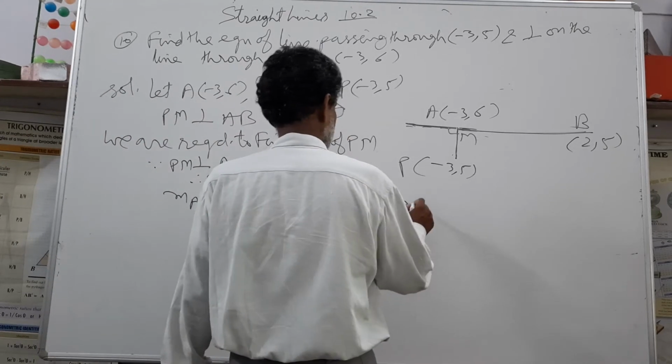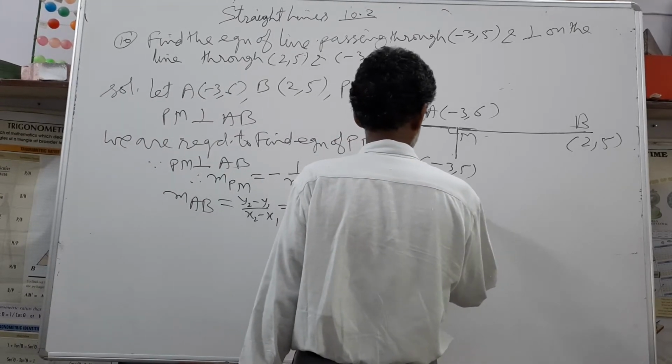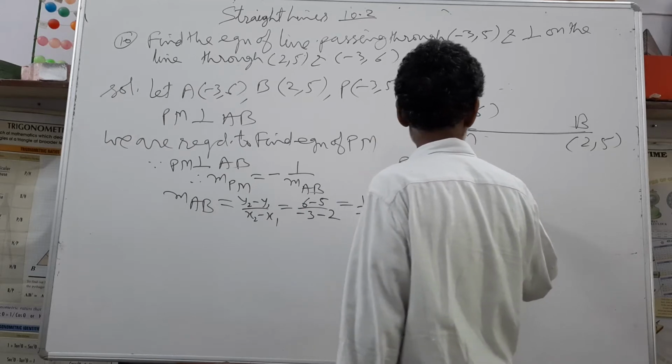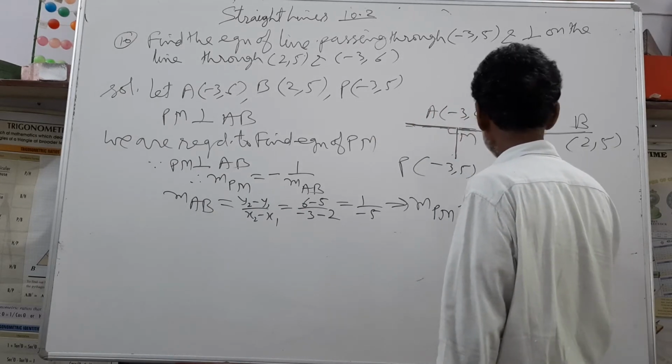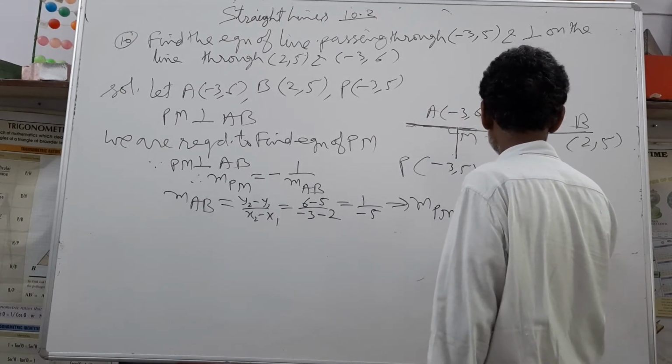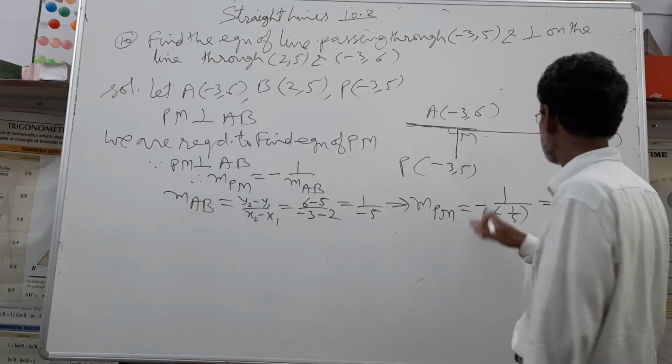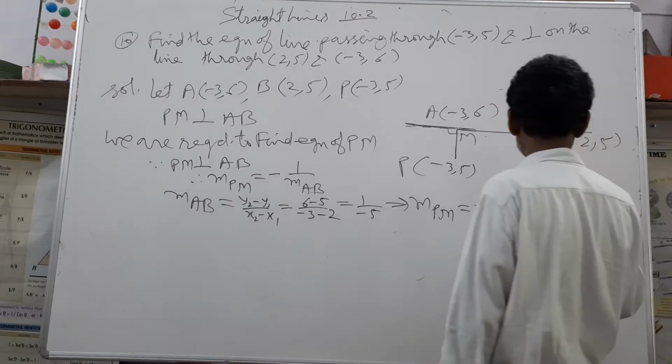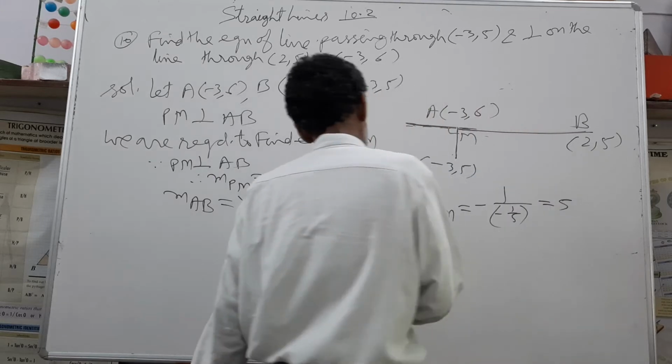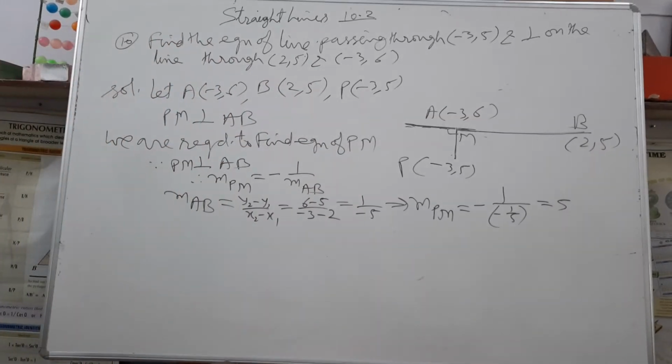This implies slope of PM is equal to minus 1 upon slope of AB, that is minus 1 upon minus 1 upon 5, is equal to minus minus become plus, 5. So this is slope of PM.